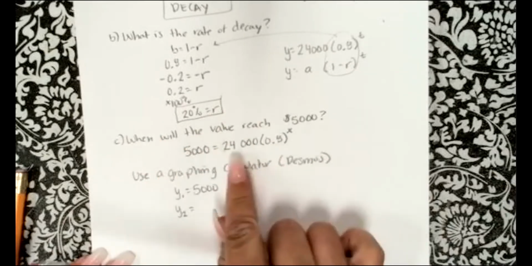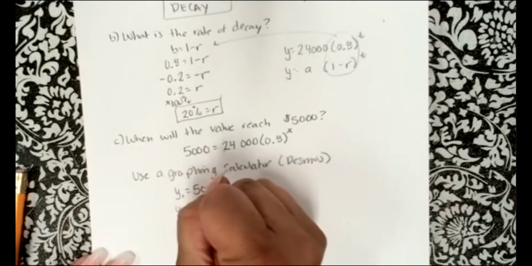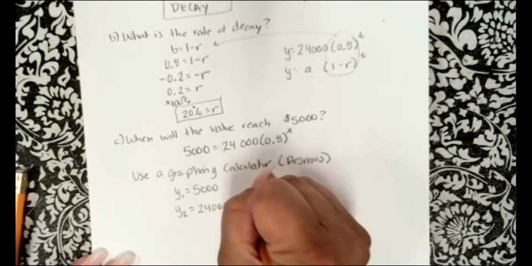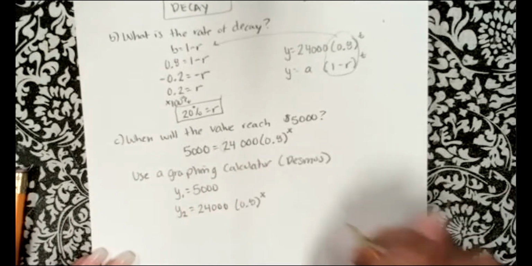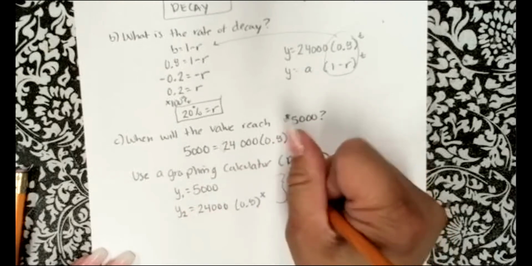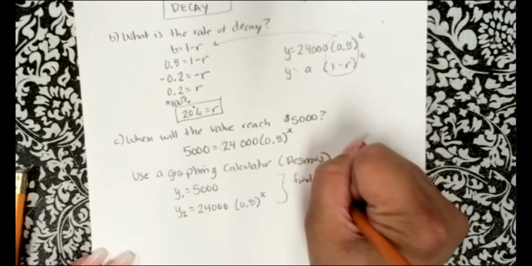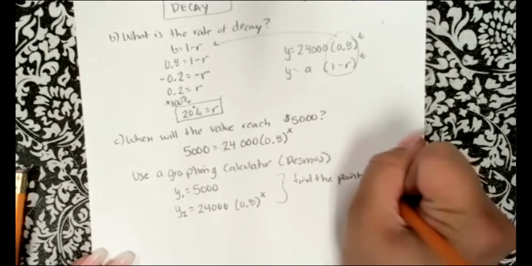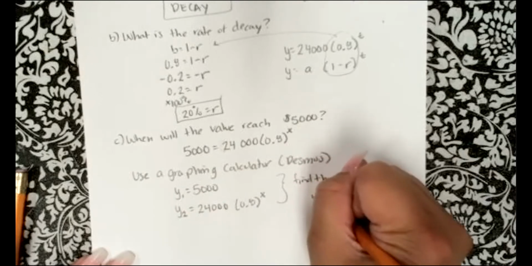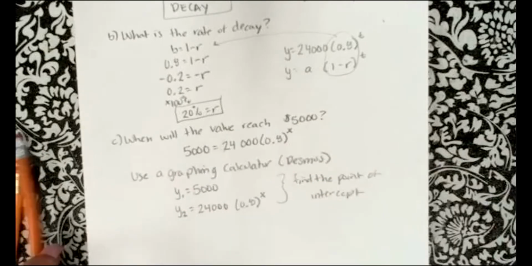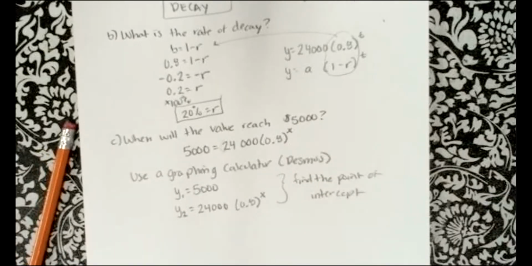In Y2, you're going to type in 24,000 times 0.8 raised to the x. And then you have to find out the point of intersection. So let's go ahead and do that. Let me pull up my Desmos real fast.